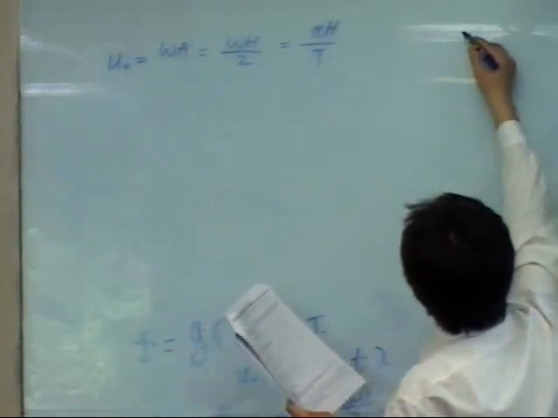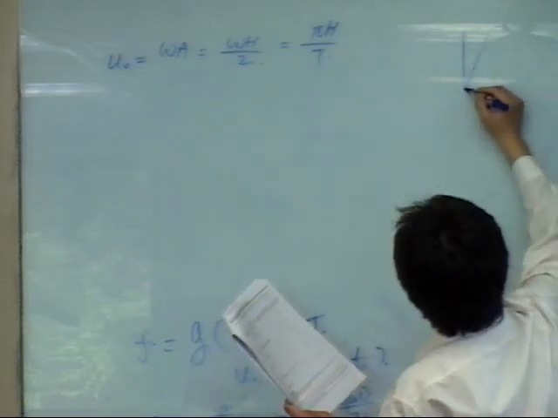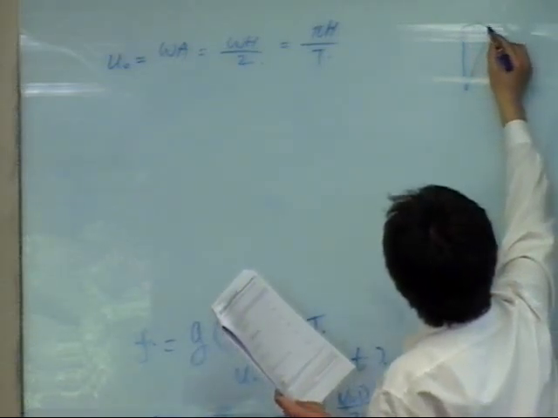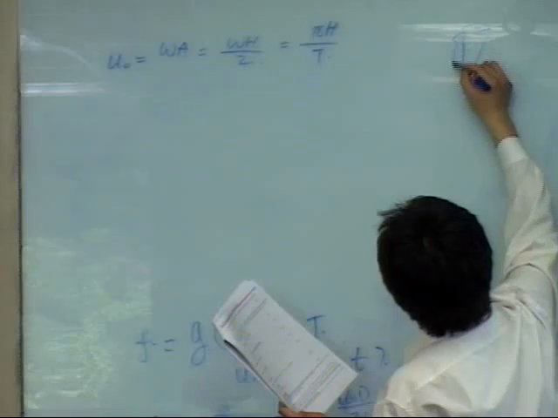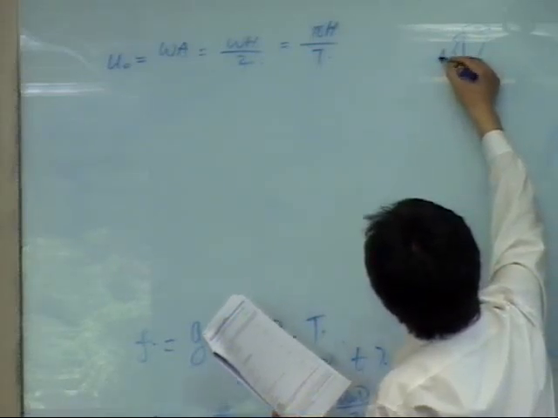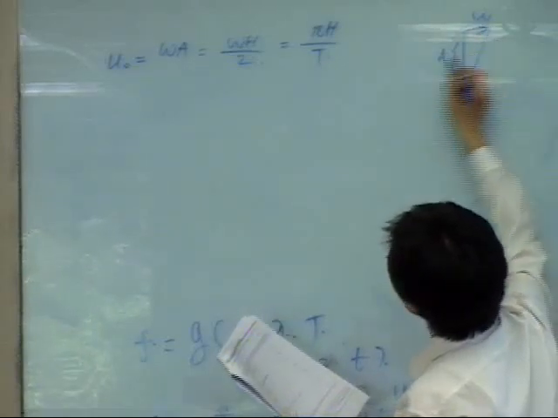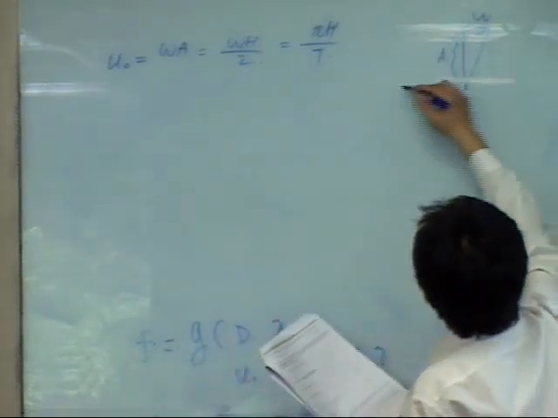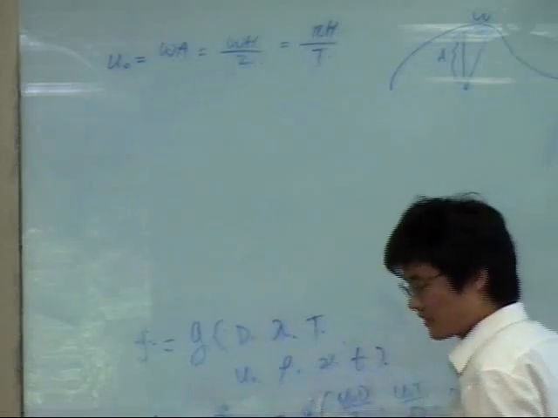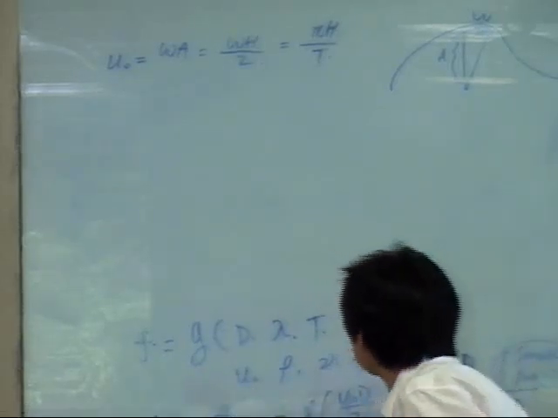So simply see, the angular frequency is omega, and this is A. So the velocity at this point is omega A. That's if you have a wave like this, right? It's very straightforward.